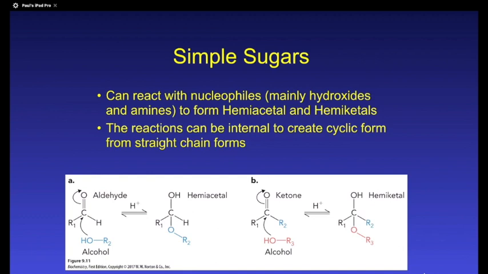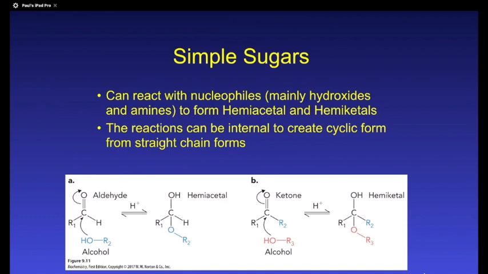With simple sugars, that ketone or that aldehyde can be attacked by alcohols. All right, and if you do, you create 2 structures, one called a hemiacetal and the other a hemiketal, from the aldehyde or the ketone.